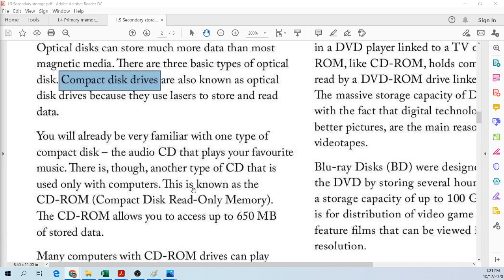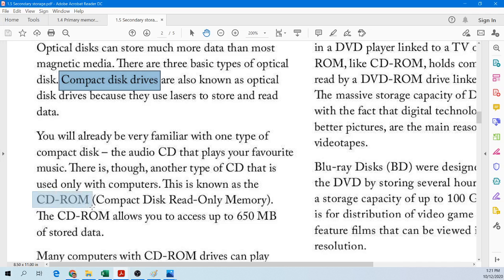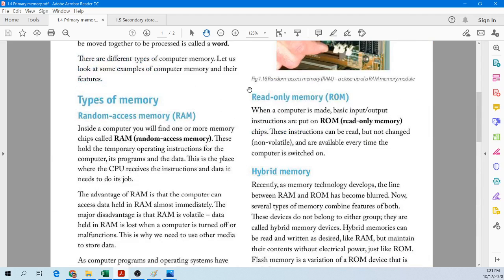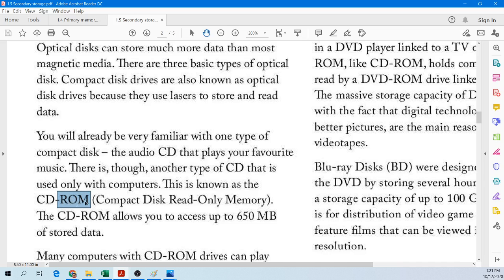So another kind of optical disc is the CD-ROM. So notice that same word showed up back again that we discussed in memory. Here, read-only memory. So compact disc, read-only memory.